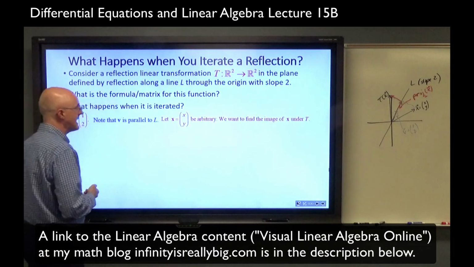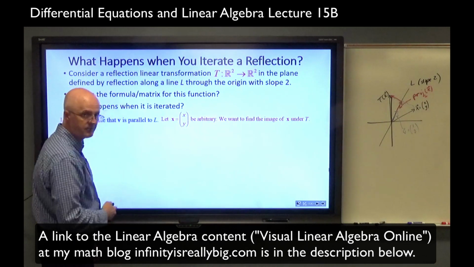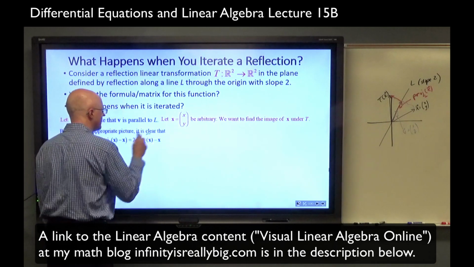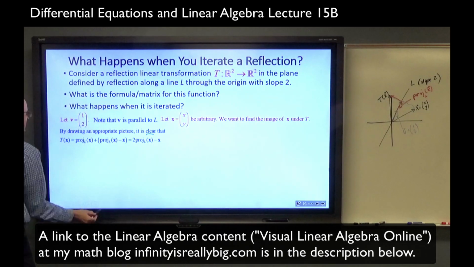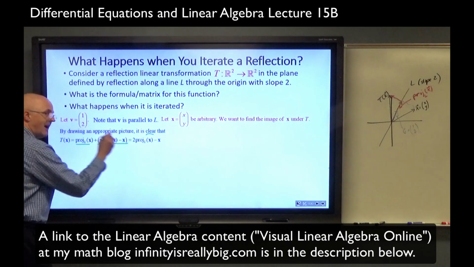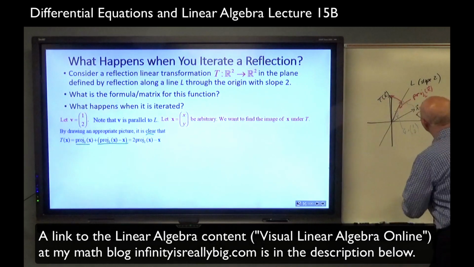Again, let boldface x be an arbitrary vector. We want to find the image of x under T, as shown in that picture. By drawing an appropriate picture, it is clear, well, maybe not completely clear, when you think about it, that T of x is going to be the projection vector plus this vector. I claim that second vector is this one right here.